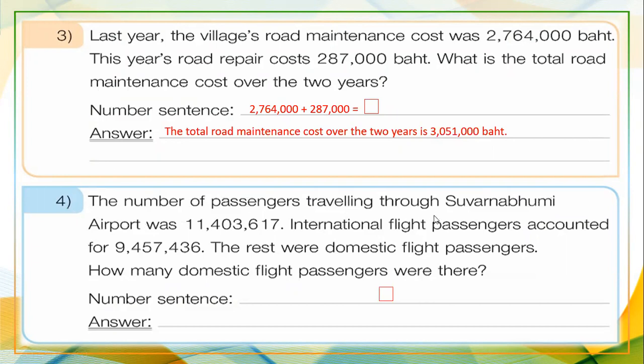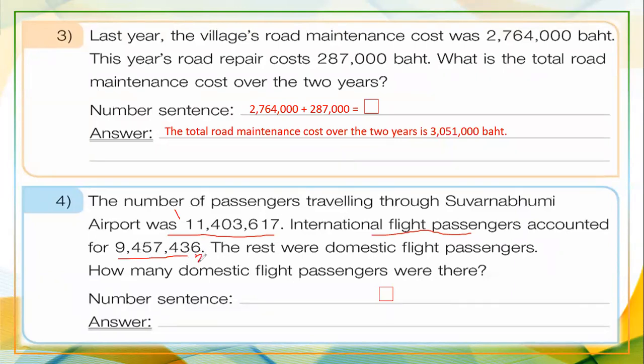Now, we have problem number 4. That one is also very simple. The number of passengers traveling through Suvarnabhumi airport is 11,403,617. Keep that in mind. International flight passengers accounted for 9,457,436.